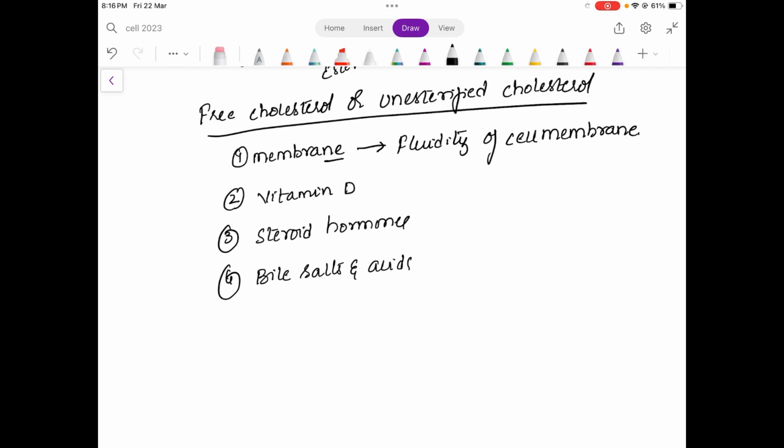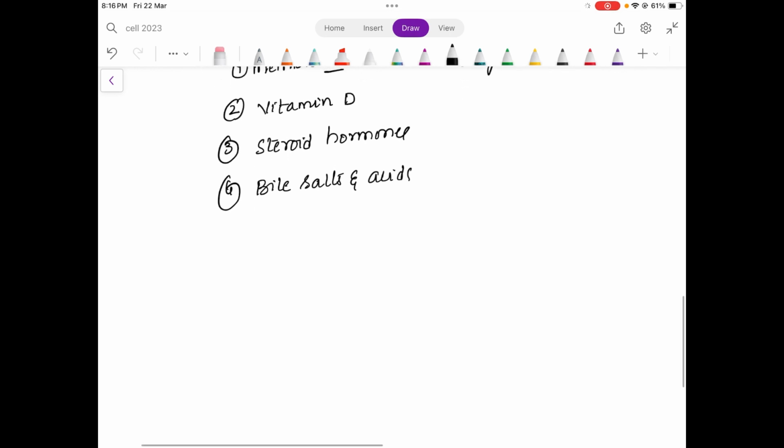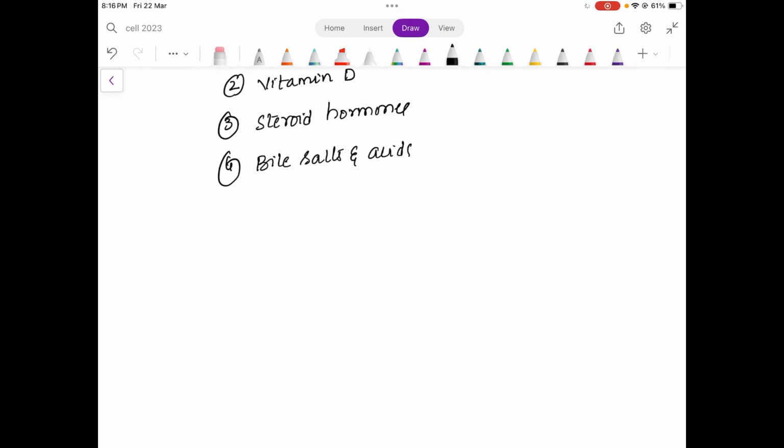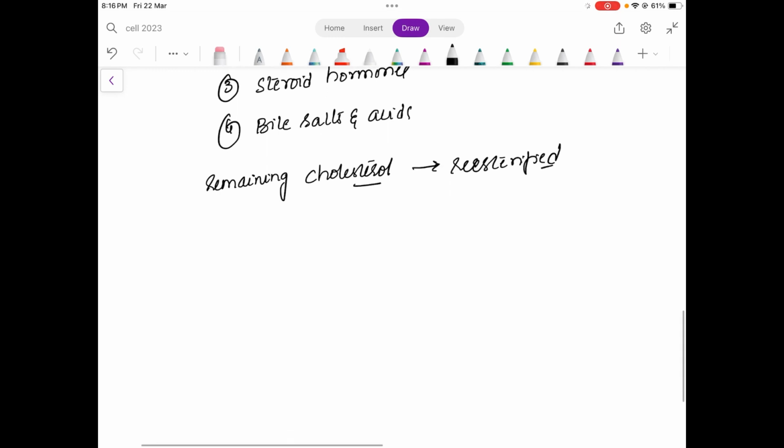Whenever cholesterol is more, this free cholesterol is re-esterified. So why does this re-esterification have to occur? It helps in storage of cholesterol. This is stored inside the cell.